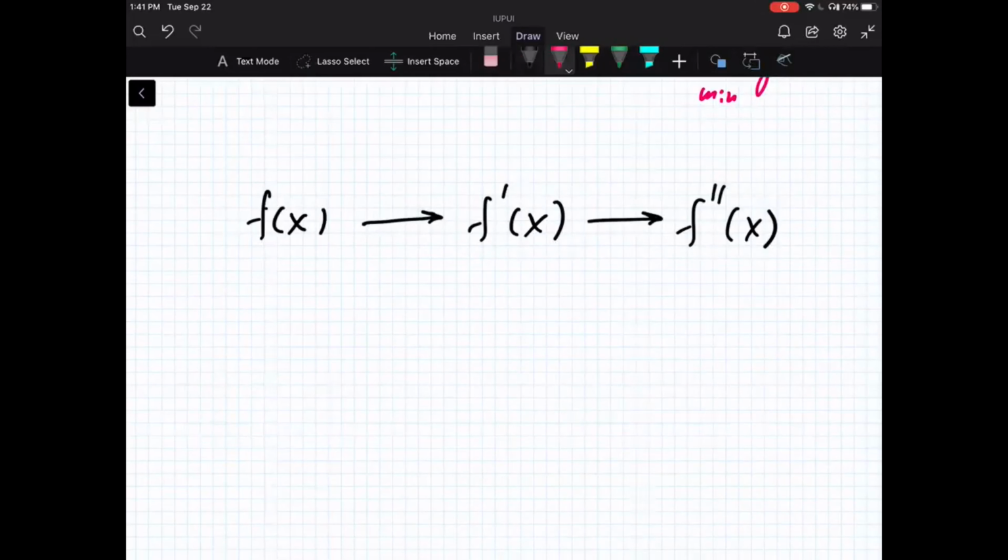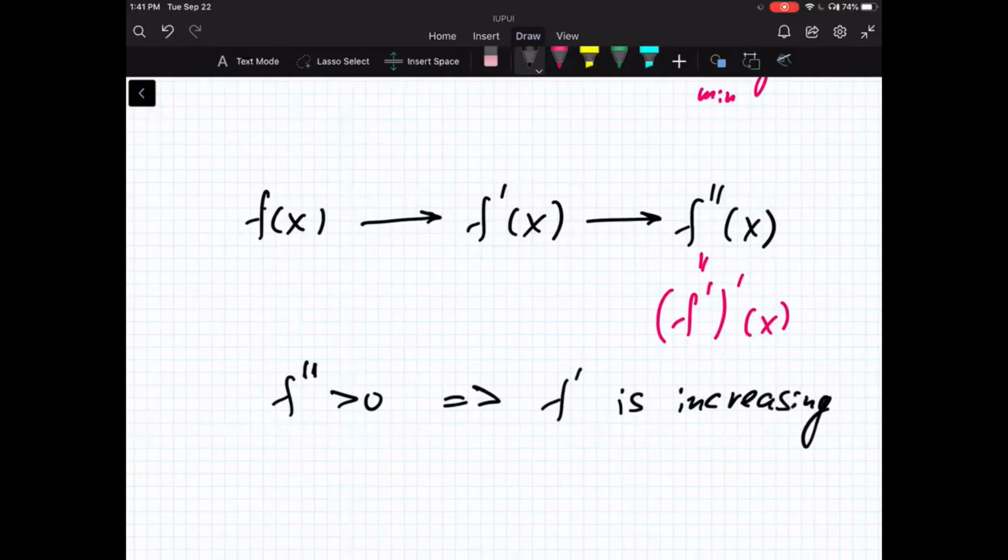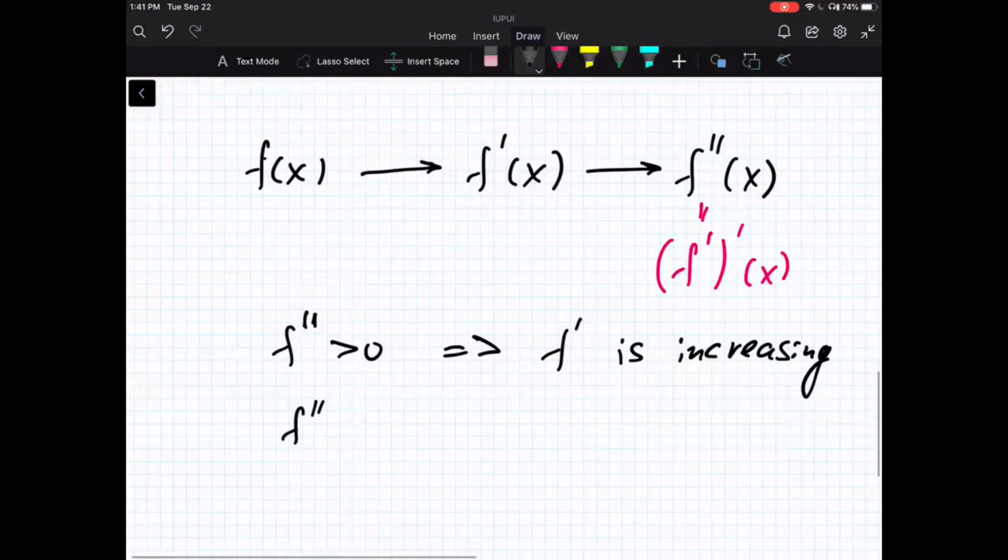By definition, the second derivative is the derivative of the first derivative, right? So that means if we know that the second derivative is positive, by the same reason that we discussed for the first derivative, we will get that f prime is increasing. And the same story, if the second derivative is negative, then f prime is decreasing.